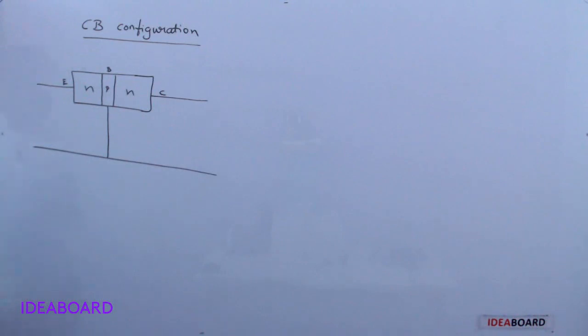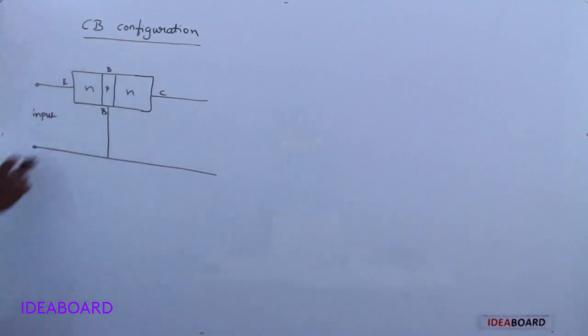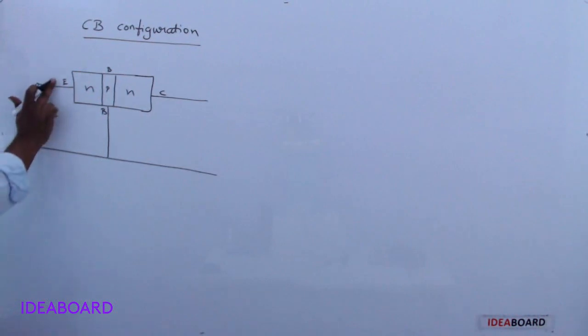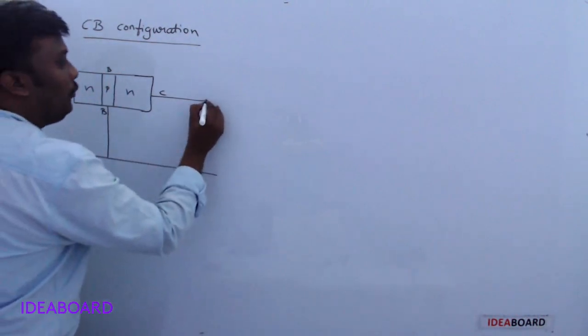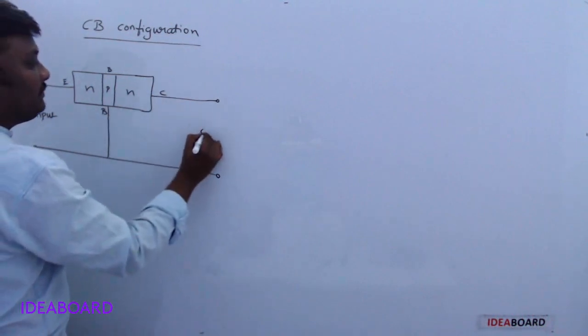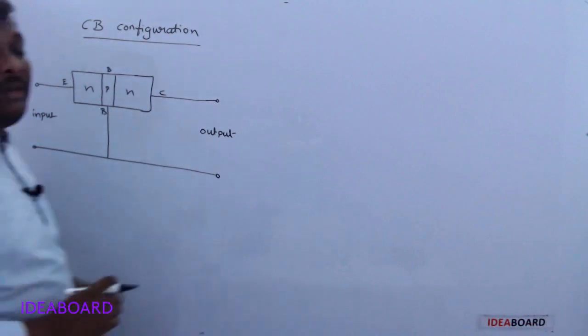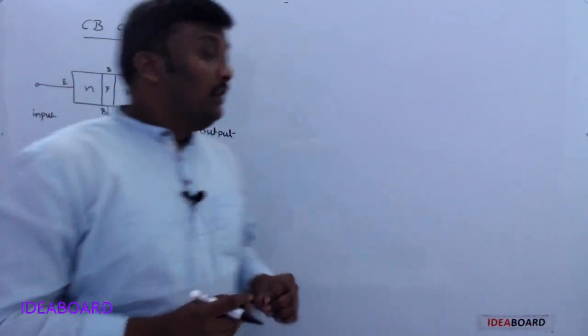Is it clear? So input is given across emitter and base, and output is taken across collector and base. What is the meaning of common base configuration?